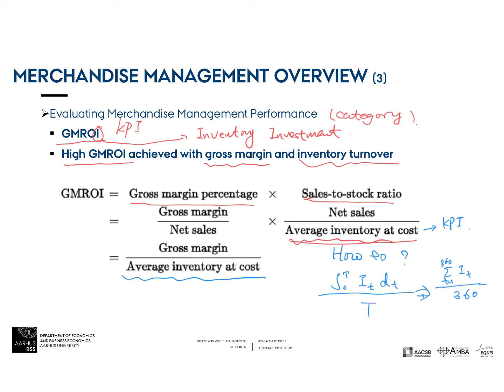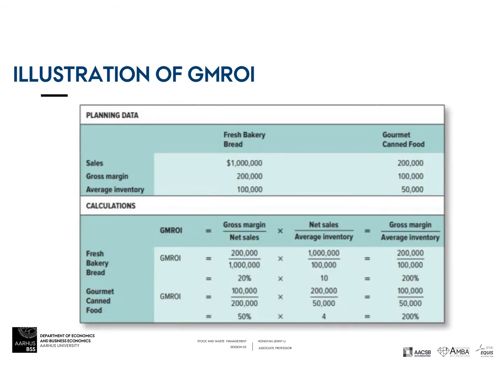We actually need to understand this very well. In the textbook, there are two examples used to show the gross margin return. Now you can see we're talking about the fresh bakery, so bakery products or gourmet. It's two categories, so that means this GMROI is actually at the category level.